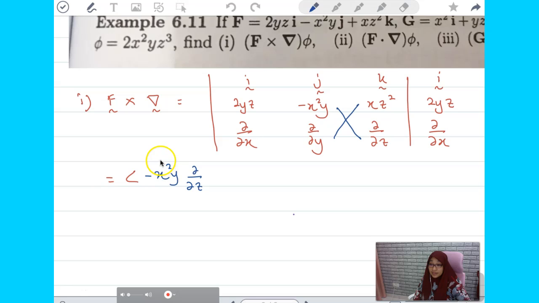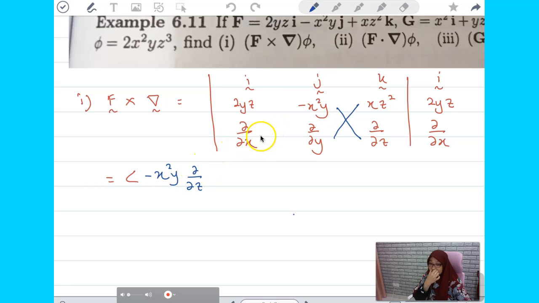If you have the gradient first, then you have to put the del z in front, but this one you have to follow the sequence. Because we know that the gradient here is not just a normal expression. This is an operator, so if it is at the back, then you have to make it at the back.